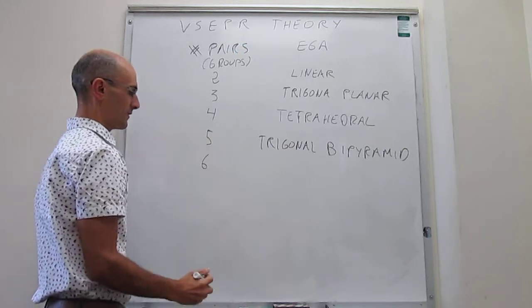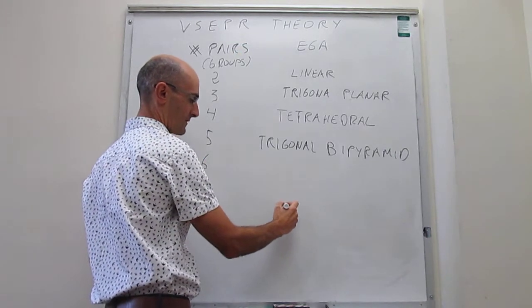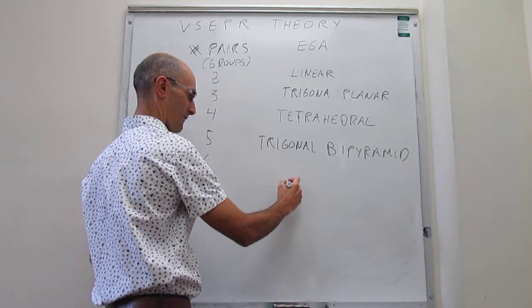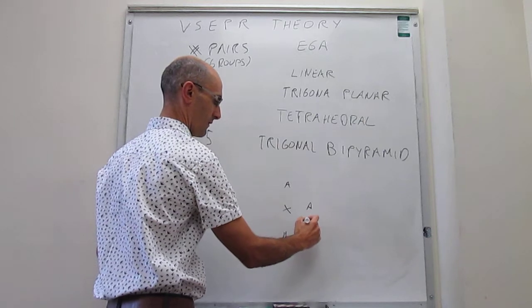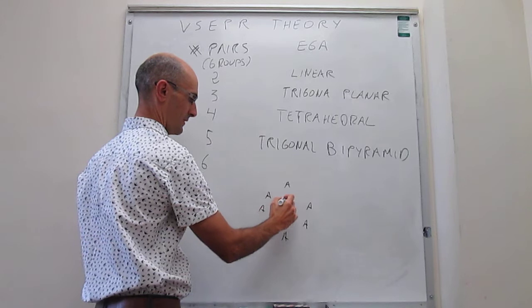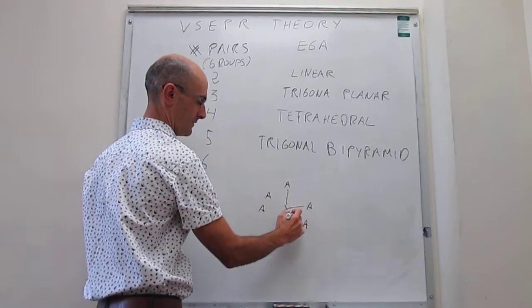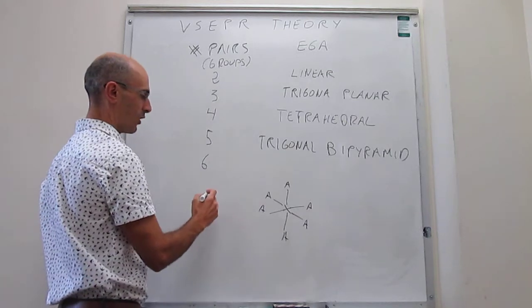Okay, and the last one is a little simpler: when you have 6 electron groups around a central atom. So you have 1, 2, 3, 4, 5, and 6. The electron groups will be these bonds. The shape that you get out of this is what we call an octahedron.